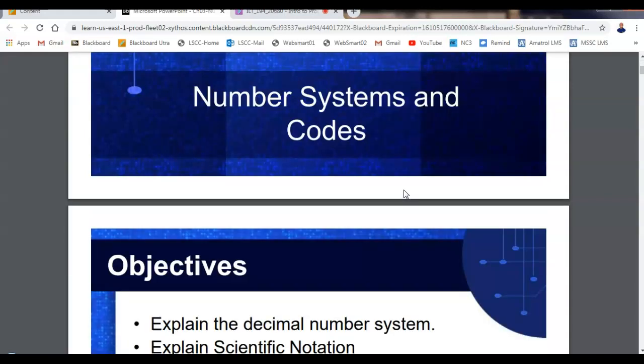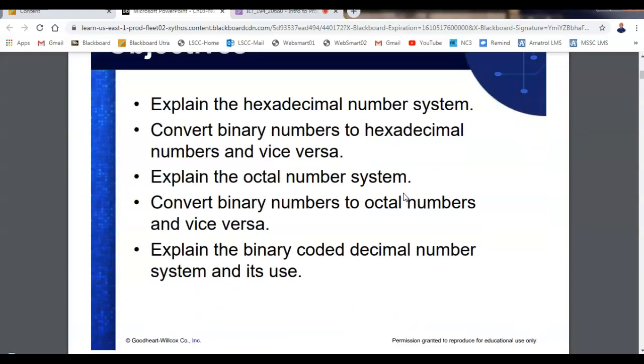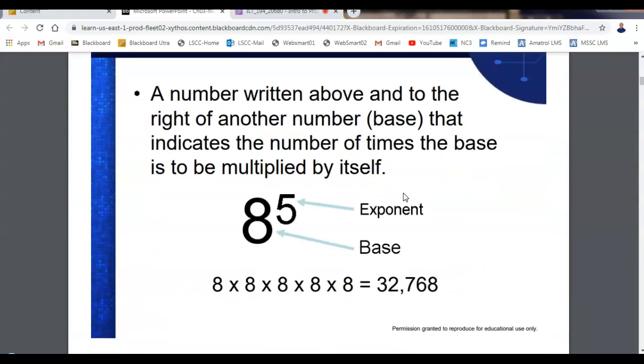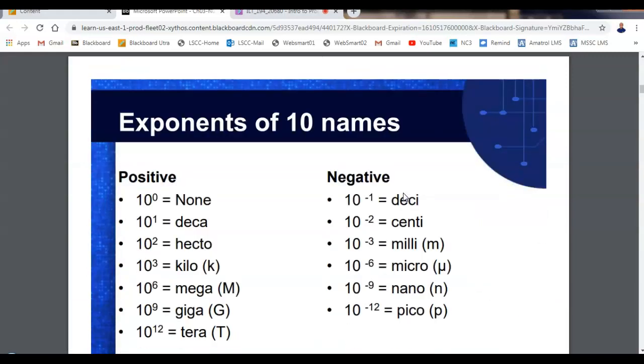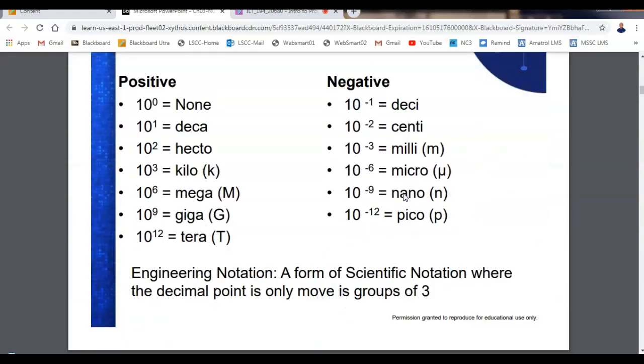So to understand PLCs, we're going to have to look at different types of numbering systems. Of course, most of the time the PLC will take care of you, and it will display things in decimal, and let you enter stuff in decimal, and then it converts it with an application that's built into the operating system.